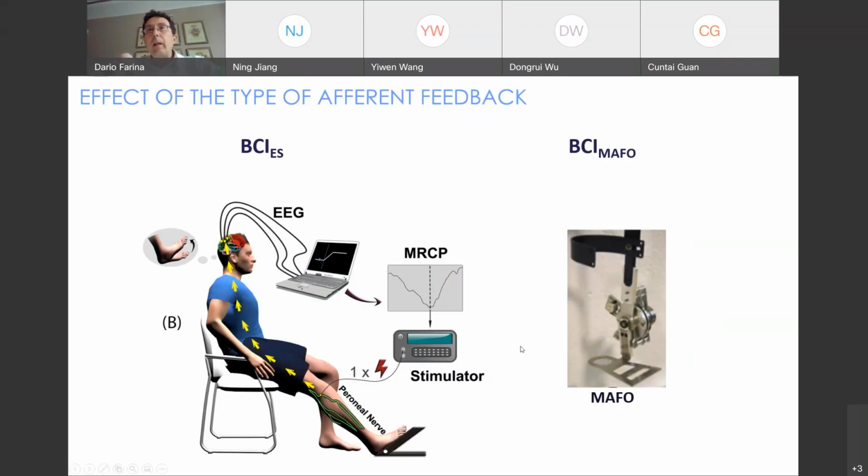So the concept is the same now. We have an exact time in between the peak negativity of the MRCP, the movement-related cortical potential, and we compared electrical stimulation with respect to mechanical passive movement of the foot, which also would provide an afferent volley.